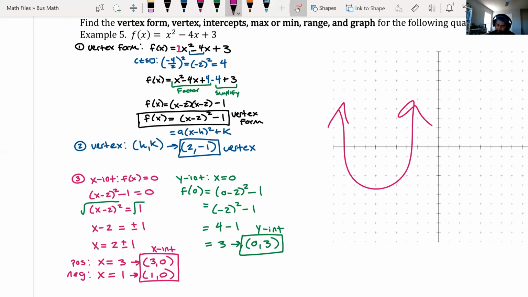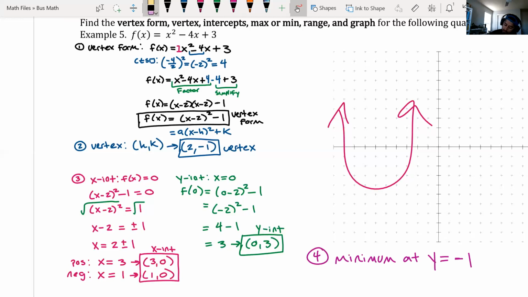So this means that for 4, I'll put that in purple. 4, we're going to say that a minimum is at y equals, and what is the k value of our vertex? -1. There you go. Minimum at y equals -1.